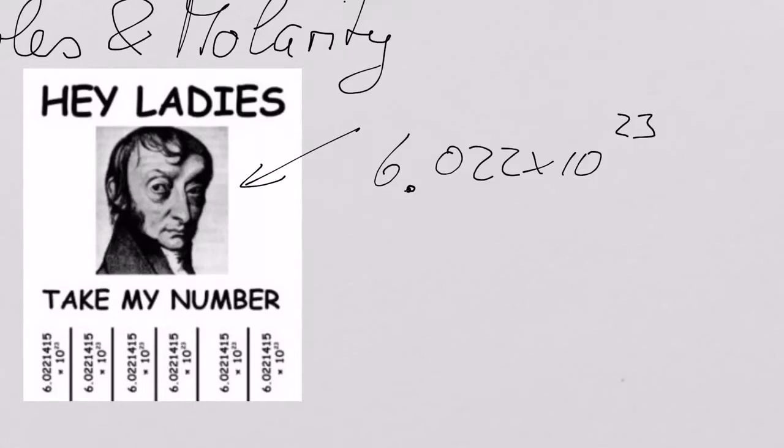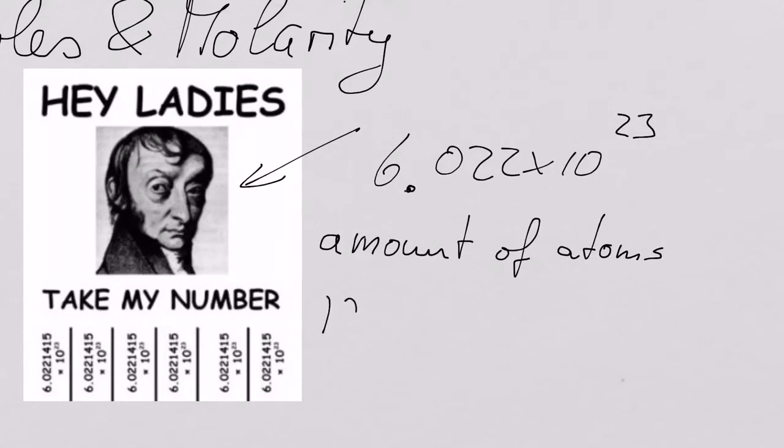It has actually been redefined in the year 2011. And basically one mole is defined as the amount of atoms that you find in 12.0 gram of carbon.